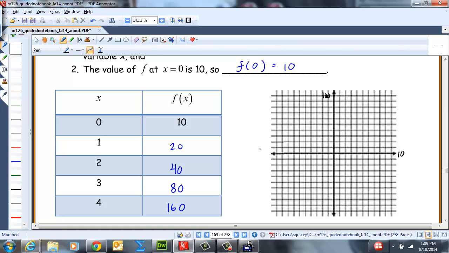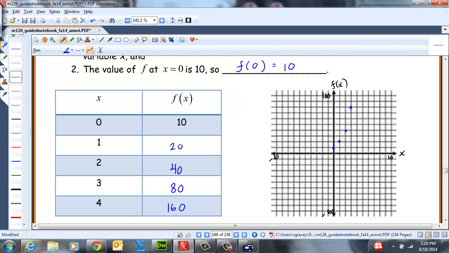This would be negative 10. This would be 10. This is x, and this is f at x, and this would be negative 100. So our first ordered pair would be at 0, 10. Second ordered pair would be at 1, 20. And then 2, 40. And 3 was at 80.